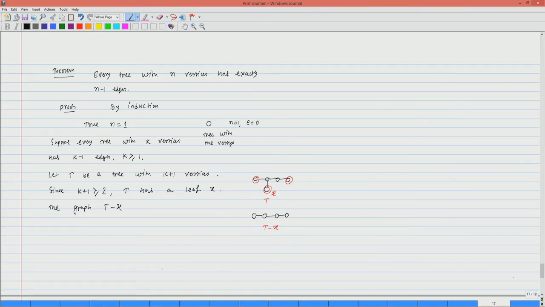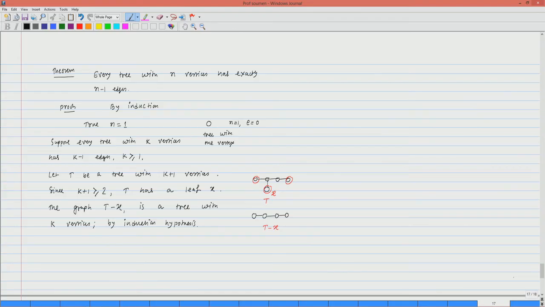Okay. So, the graph T minus x then is a tree with k vertices, and by the induction hypothesis, this is my induction hypothesis, I have assumed that every tree with k vertices has k minus 1 edges.